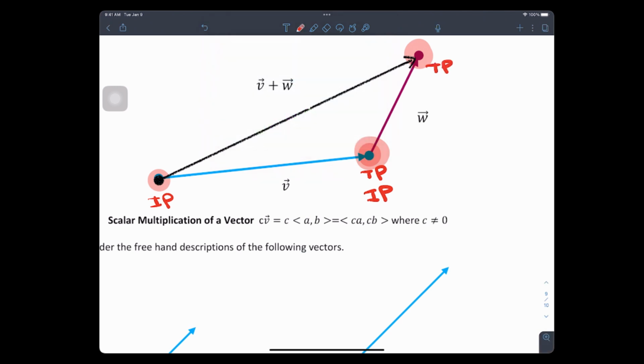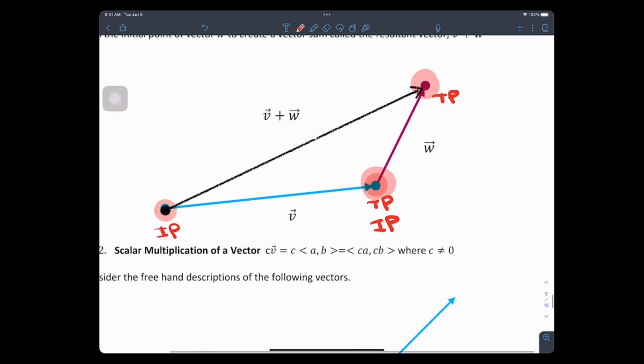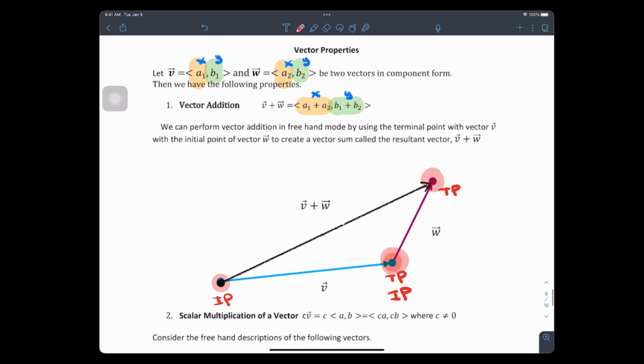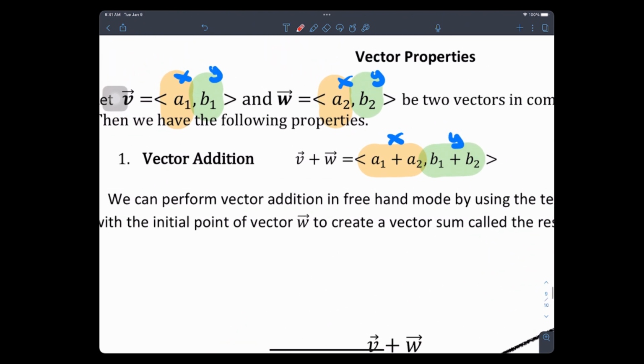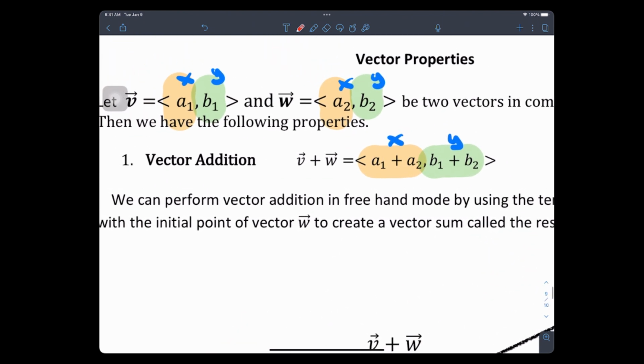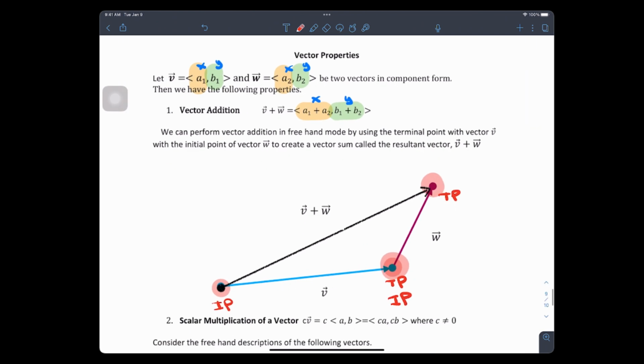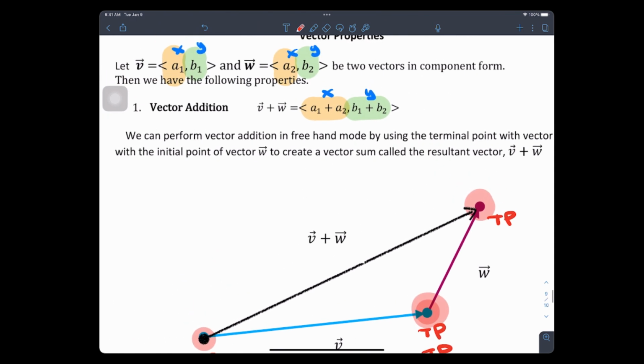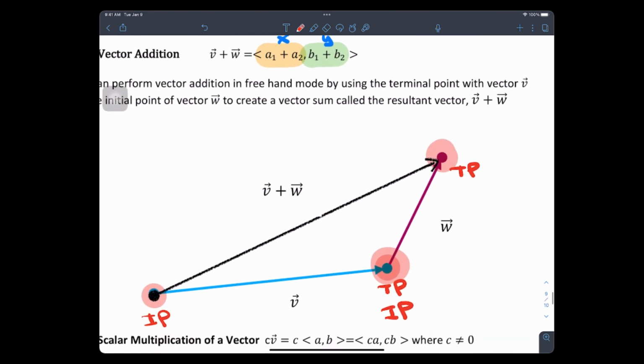But this is the freehand version of how you can add vectors, okay? This is graphically. This is algebraically. This is the algebra or the arithmetic of vector addition. You can add them. But graphically, this is what it looks like. Now, you might say, okay, I did this work. I described it in the notes right here, okay, to create what's called that resultant.